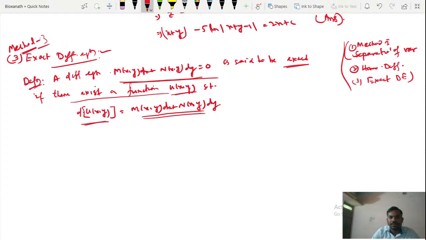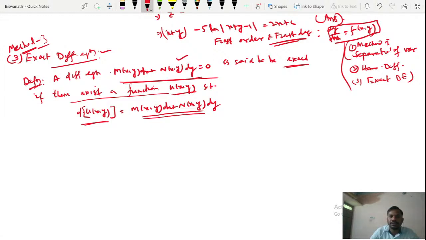We are studying first order first degree differential equations, whose general form is dy by dx equal to f of xy. If an equation is given in this way, you can reduce it and then say something about its exactness.